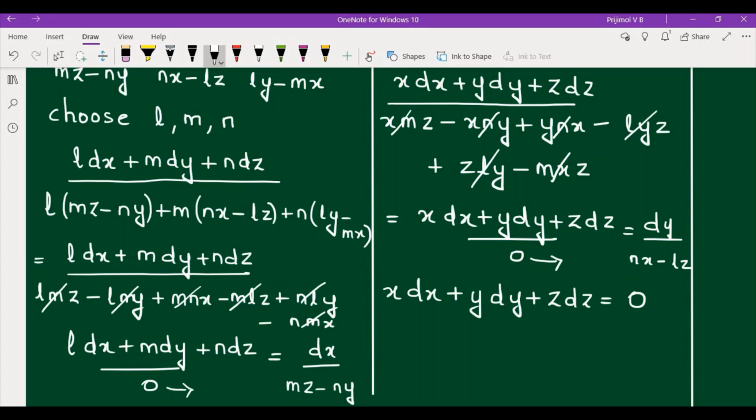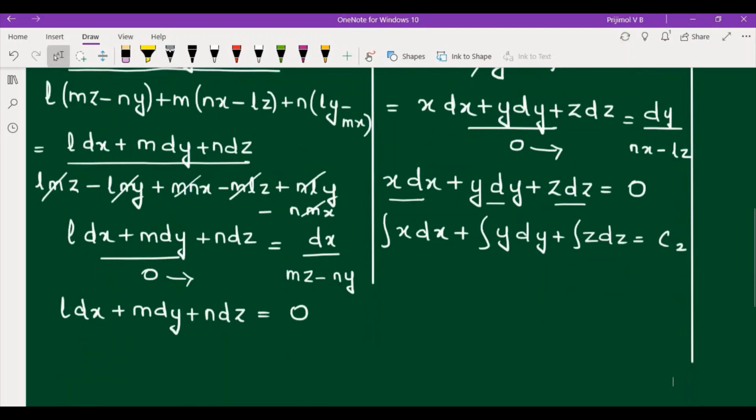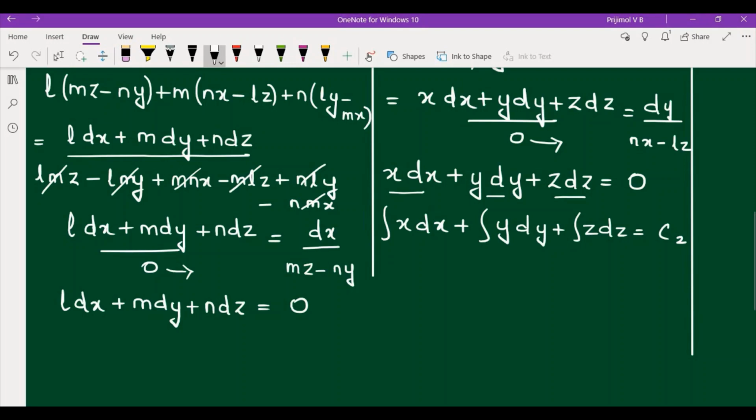Now all the variables are separated, isn't it? Here we have only the x variable, y variable and z variable. Now you can integrate term by term. You can add a constant, say c2. Thus you get x square by 2 plus y square by 2 plus z square by 2.